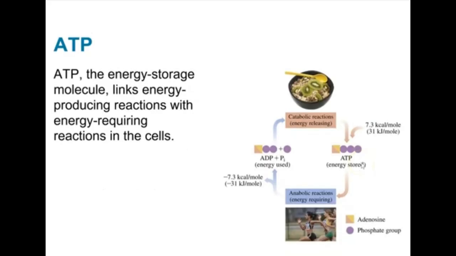When you eat something and the food gets digested, and then the building blocks are being degraded and the small bits are oxidized, ATP is produced. Okay, in this representation of ATP, you can see the adenosine portion.